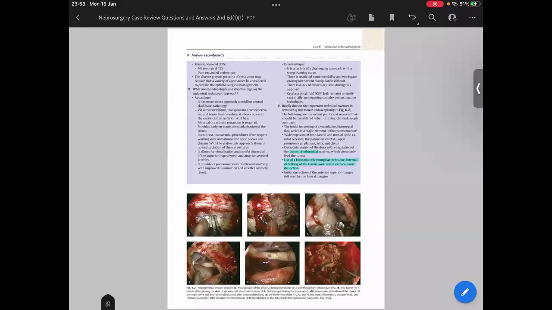So you start from posteriorly. Then you identify the ostium. You break the vomer. You identify the two carotid prominences on both sides. Then it will lead you upwards. As you go upwards within the sella, you break the floor, and then you go more forward. It will lead you to the tuberculum sellae.